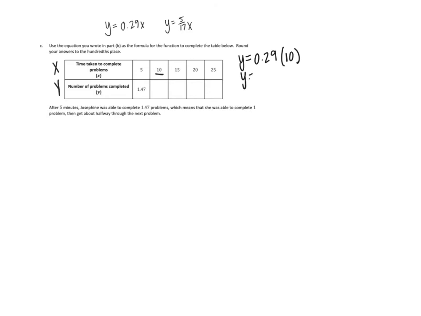If I do this math out, I get 2.9. Next I'm going to do it for my 15. Y equals 0.29 times 15. When I do that in my calculator, I get 4.35.